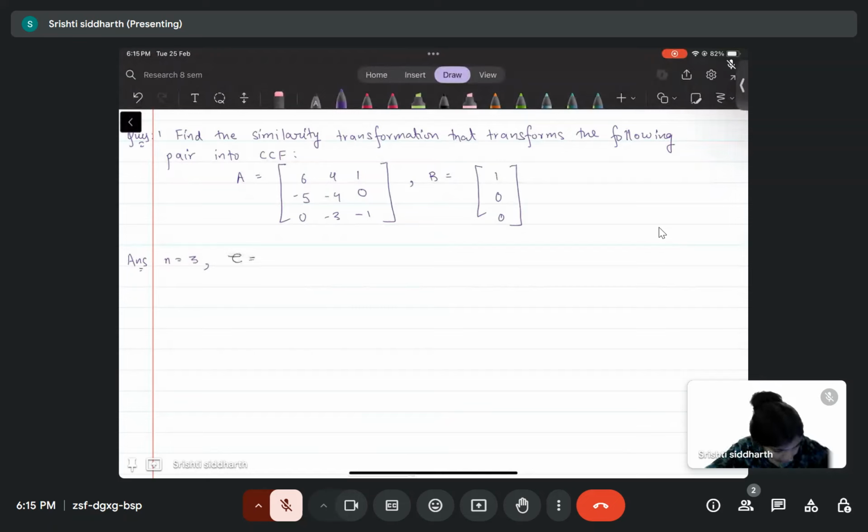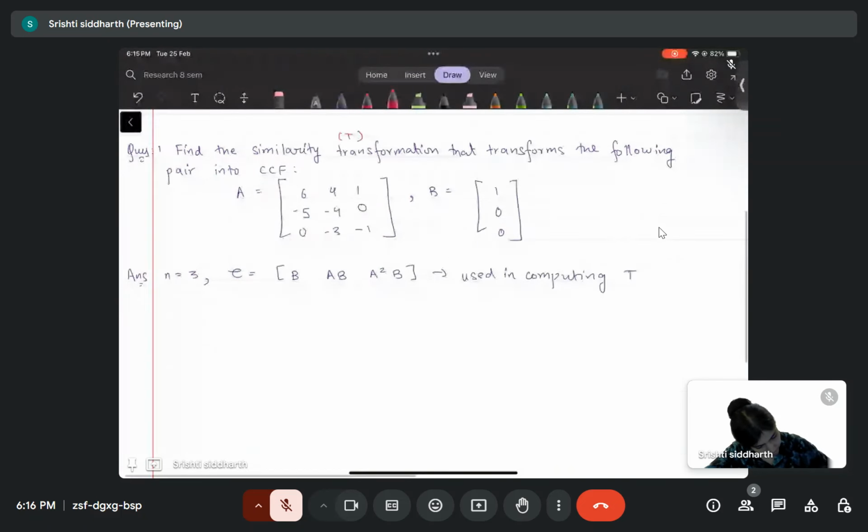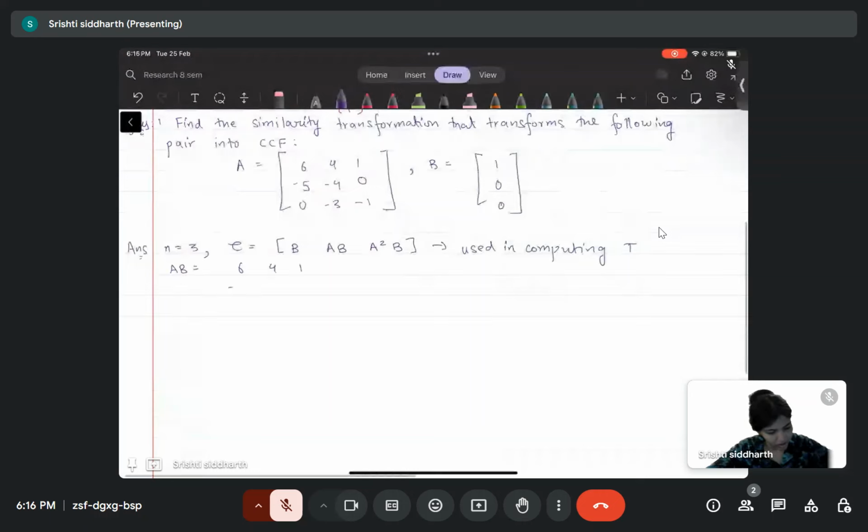The controllability matrix is going to be used in computing the similarity transformation T. So I'm going to say that T is the similarity transformation. So you can check the computations. This is just the first column.